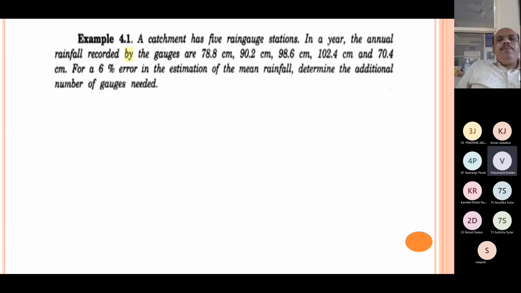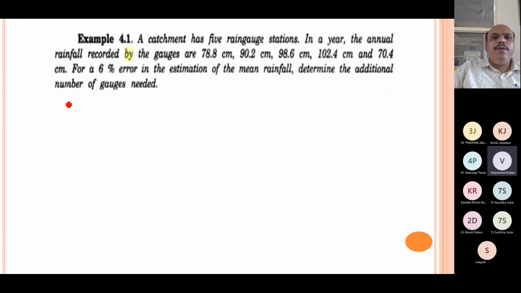Everybody note down this problem. Okay, I will read the problem. A catchment has 5 rain gauge stations. The first line is, a catchment has 5 rain gauge stations. So which value is given in the first sentence?